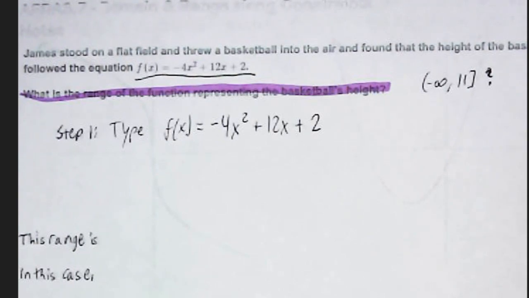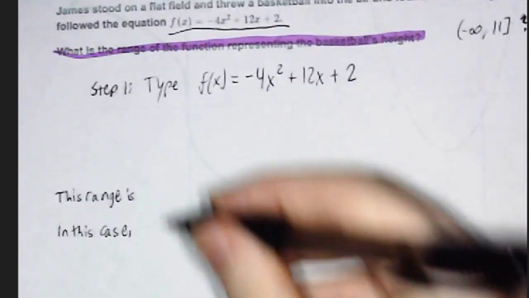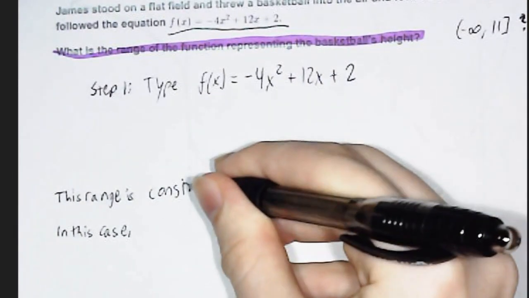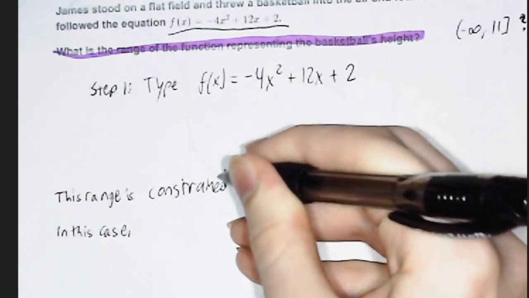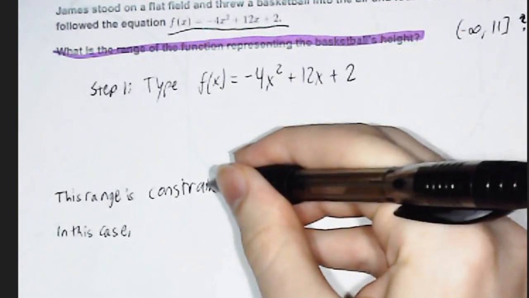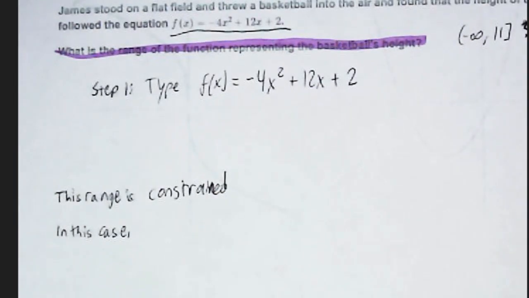So we're really looking at a range that is what we call constrained. All right, there's a constraint that's applied to the range. So we can't just consider it the range of the entire function. The range of the basketball's height is constrained by the ground.